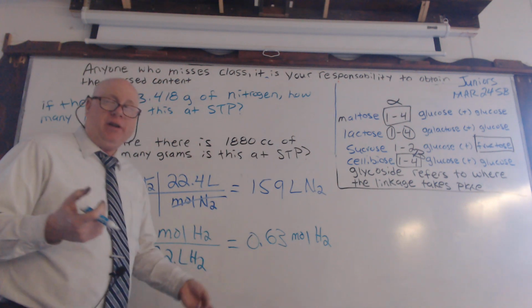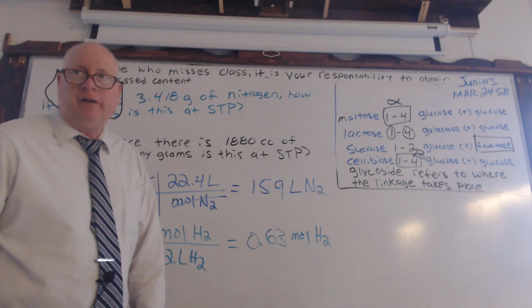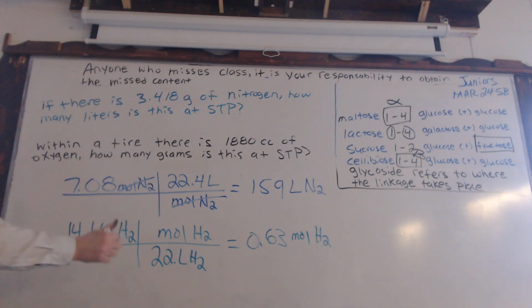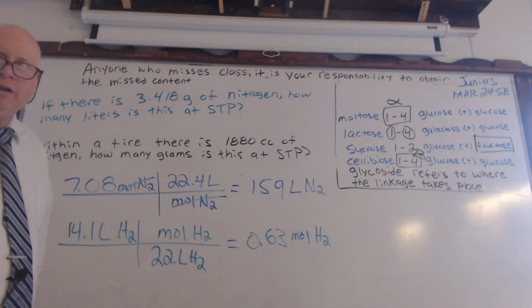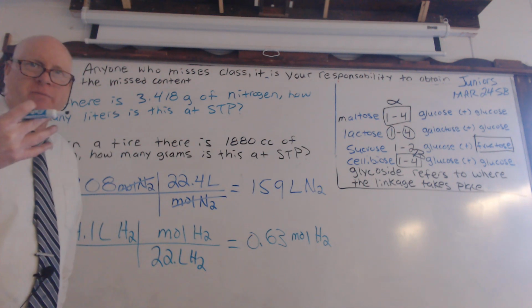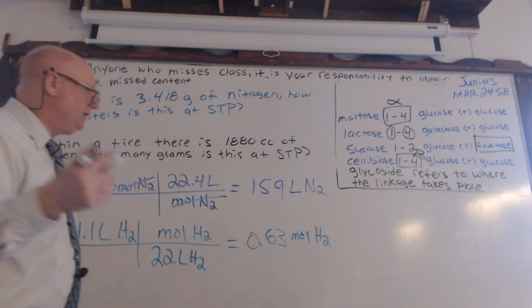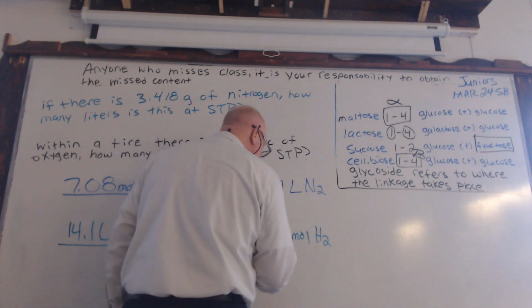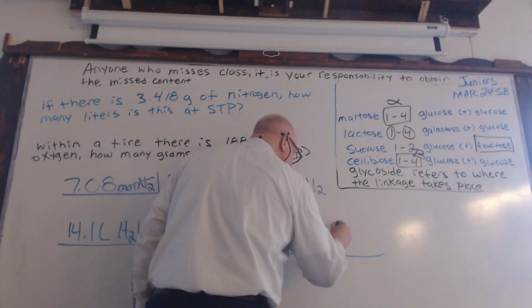Because we could certainly find how many grams of hydrogen are present in 14.1 liters of hydrogen at STP, because now that we've got that in moles, what would our final step be to say how many grams this is? And this is maybe more familiar territory.